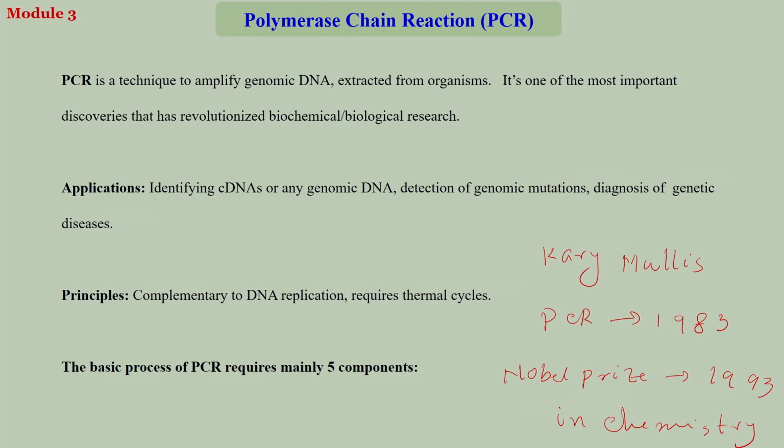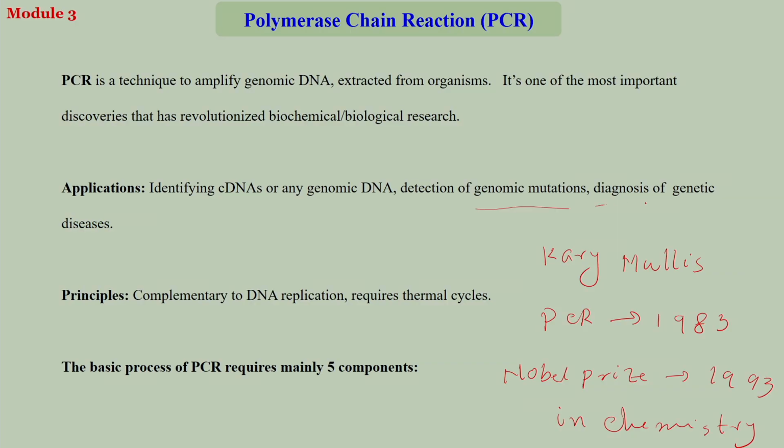Identifying chromosomal DNA or any genomic DNA, and detection of genomic mutations. That is one of the key reasons that we need to study the genes, because if you isolate a gene from diseased cells, we need to know whether there are mutations inside it, or whether it is the same gene as the normal, or what kind of abnormality has happened to those genes.